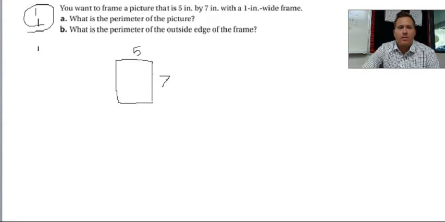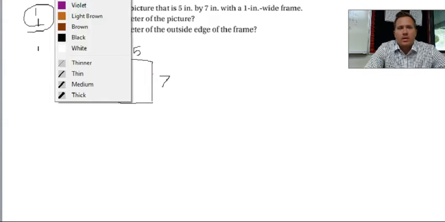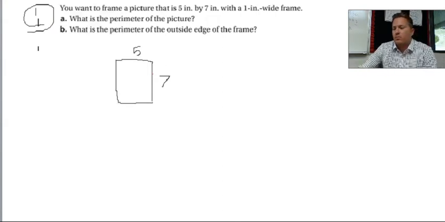Remember the sides are congruent. So this top side is congruent with this side, which means that if the top is 5, then the bottom is going to be 5. And I'll use my congruent signs as well for the sides. Whereas if this is 7, then this side is going to be 7.